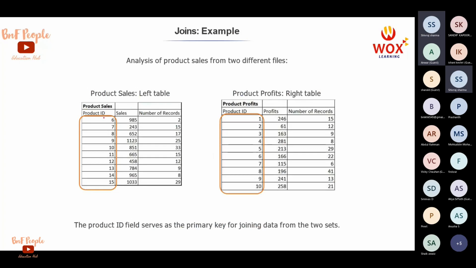One table has product IDs like this, the second has product IDs like this, and you want to apply joins on it. These are the two keys, you can say the two primary keys, to join these two sets, the right table and the left table.